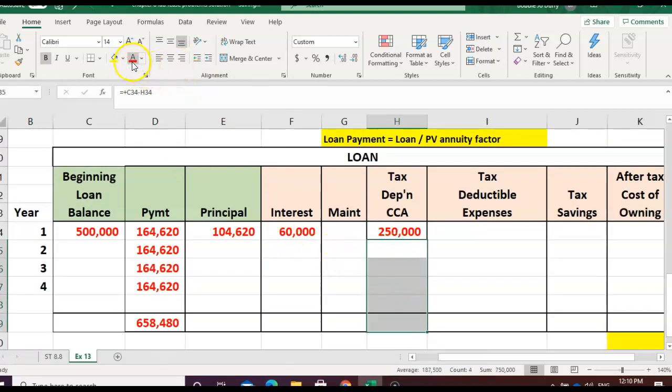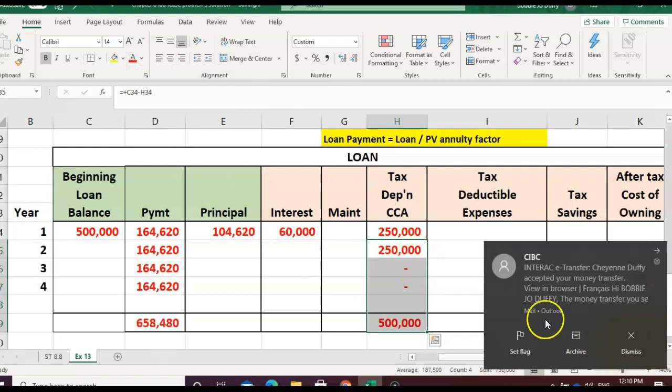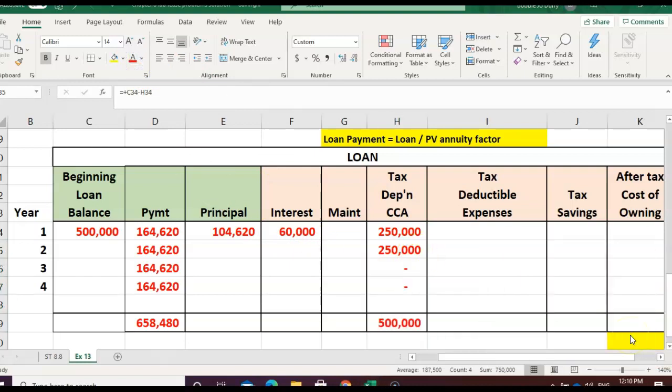We're going to depreciate $250,000 in year 1, $250,000 in year 2, and then it's depreciated in 2 years. Our tax deductible expenses are our interest, our maintenance, and our CCA. We add those 3 together and get $310,000.